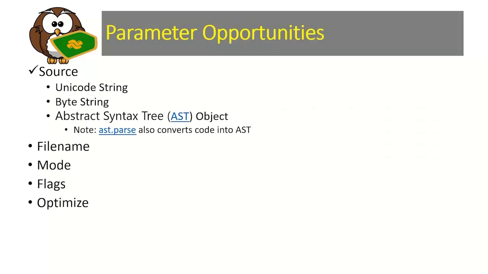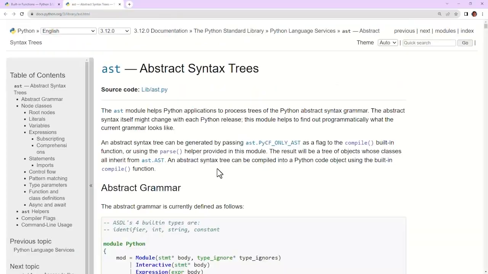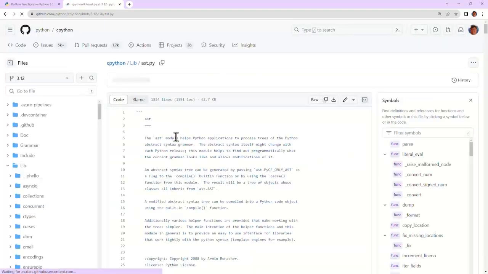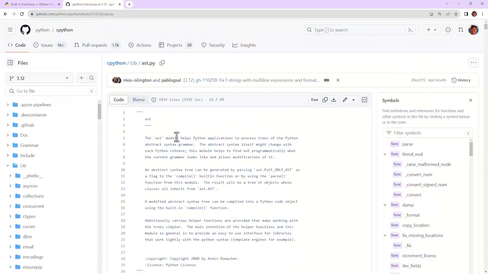So the parameter options include, of course, our source that we'd want to have compiled into a code object. It could be either a Unicode string, a byte string, or something incredibly bizarre. Once again, only extremely advanced Pythoners would come up against something known as the abstract syntax tree, or the AST, which, as its name implies, gives us syntax related together into trees, which makes it very easy to parse, and even has a module for us to look at over on GitHub for more information.